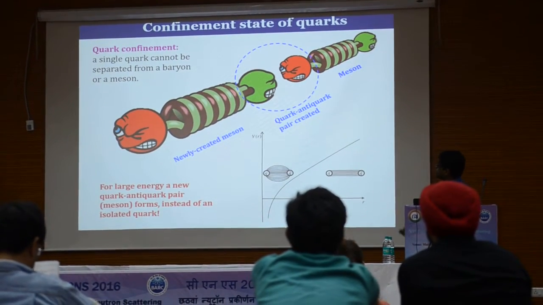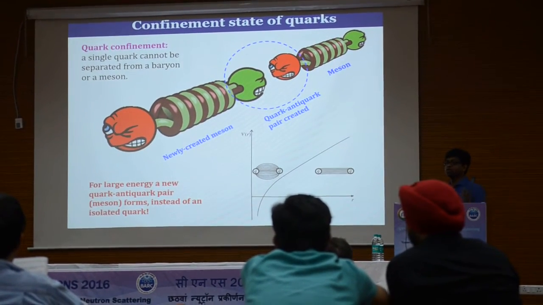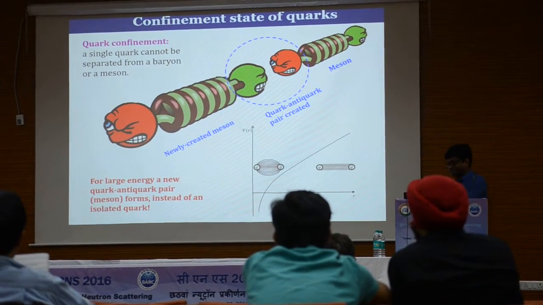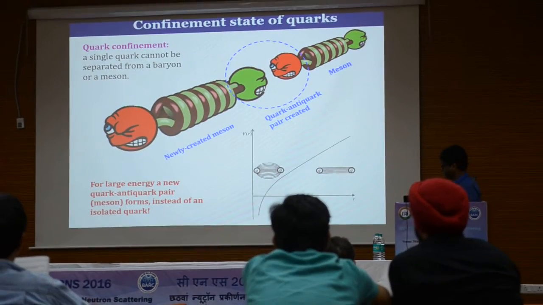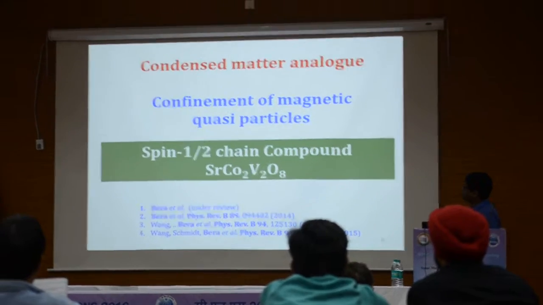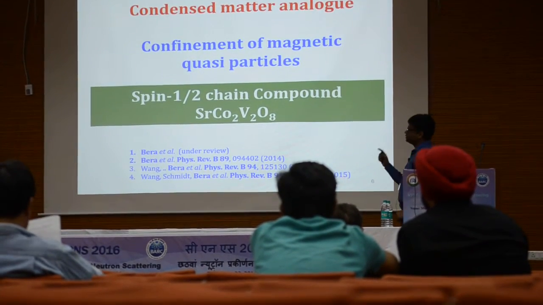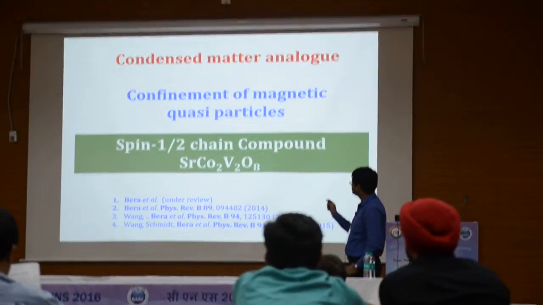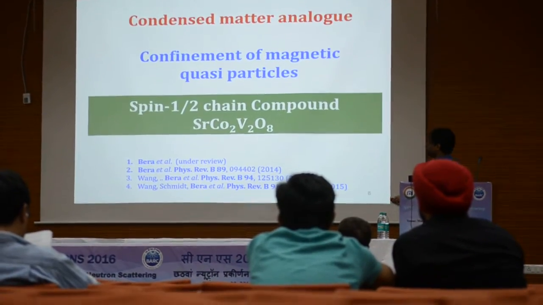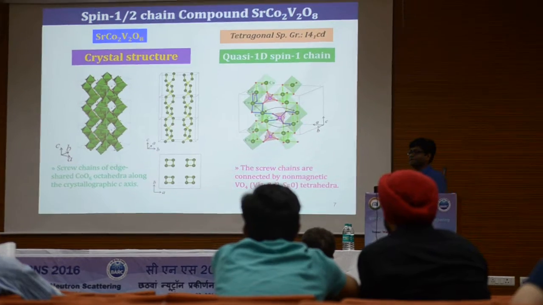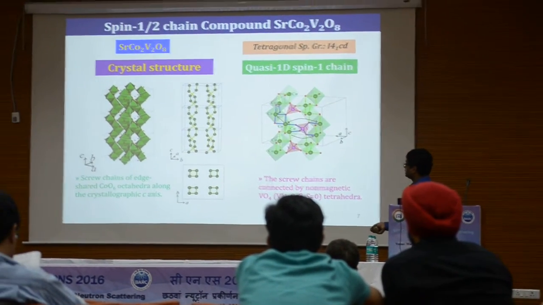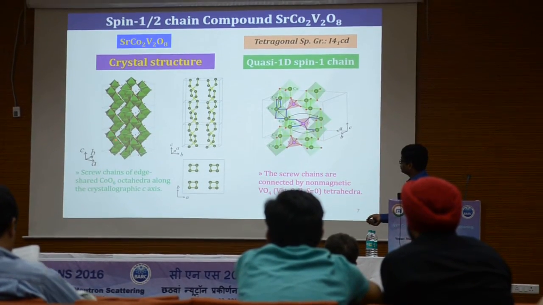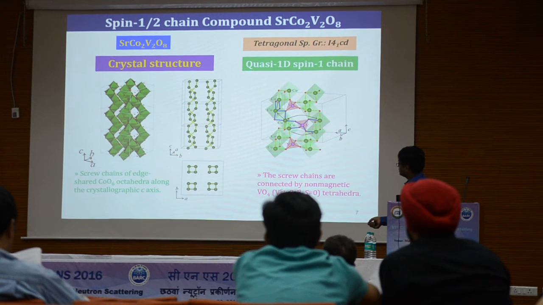Now I'll come to a similar phenomenon which is now observed in magnetic systems at very low temperature. I'll show this condensed matter analog of the concept, confinement of particles in a spin-1/2 chain compound based on cobalt. In this compound, the magnetic chains are formed by edge-sharing CoO6 octahedra, and the chains run along the crystallographic c direction.